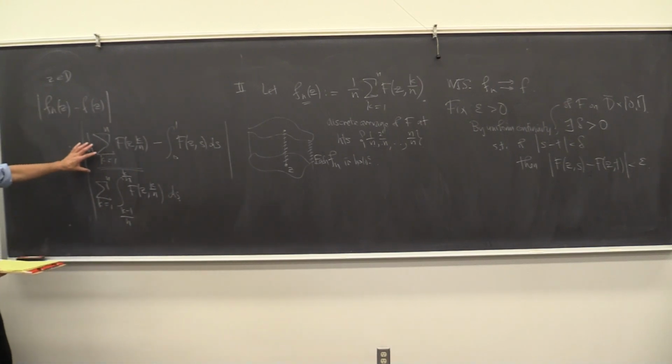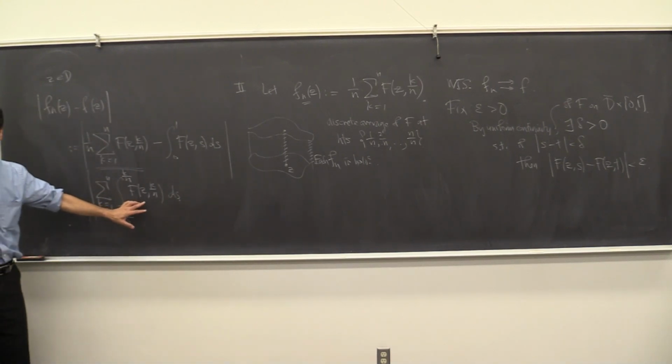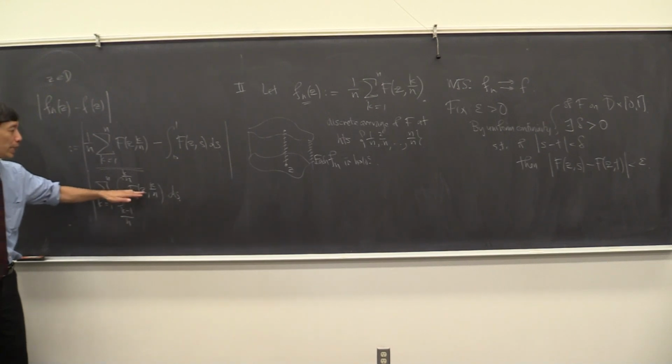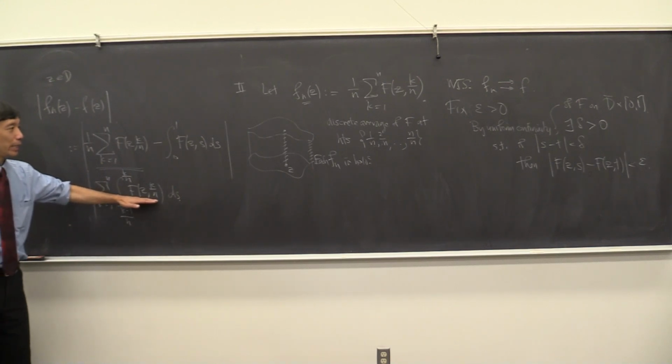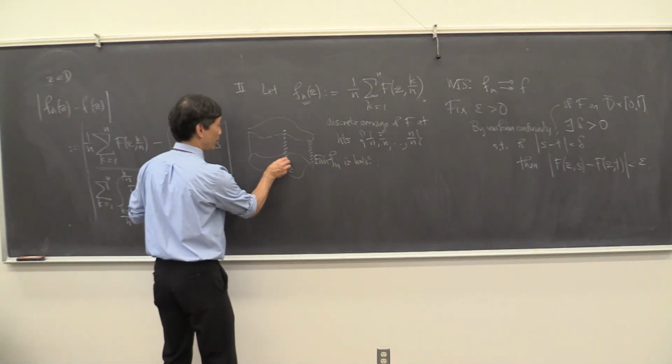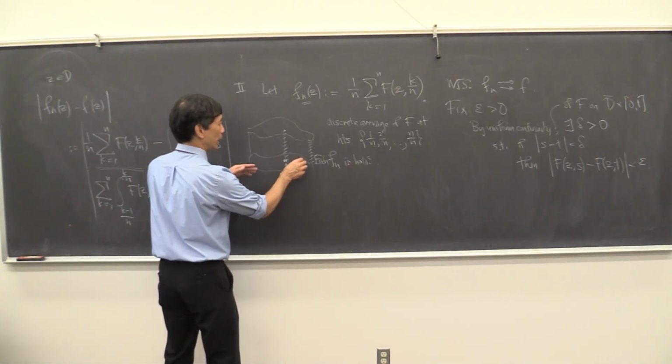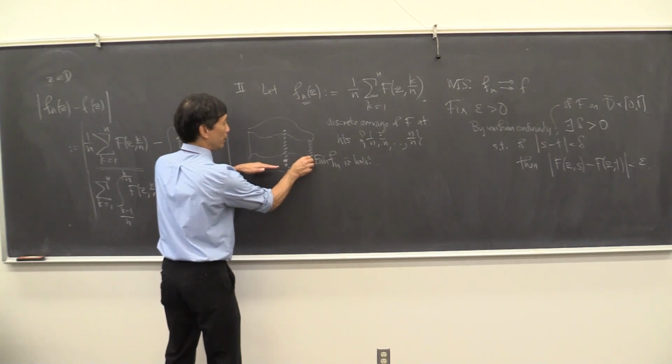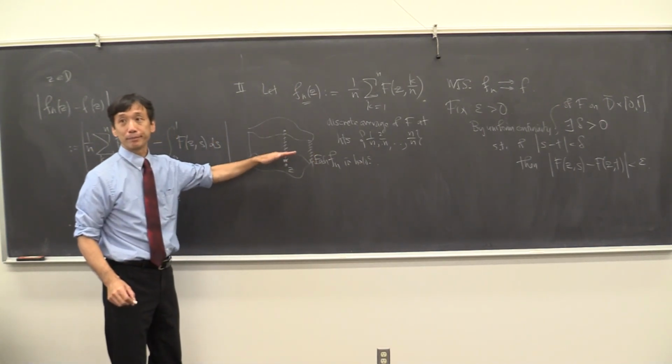Right, so we rewrite this first term like this. Does that make sense? What we're doing is taking a constant for each k, the value at this point, and then integrating over the layer of thickness 1 over n.